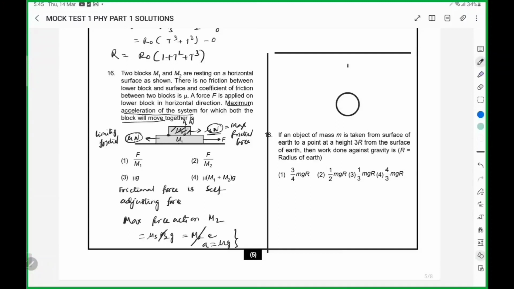Initially, the object of mass m is at a distance R from the center of the earth, so the potential energy at A will be minus GMm by R. When it is taken to a height 3R, the potential energy at B will be minus GMm by the distance from the center. From the surface it is 3R, from the center it is 4R.